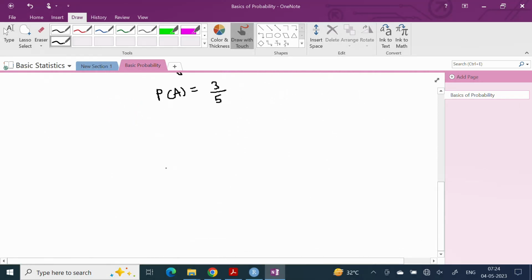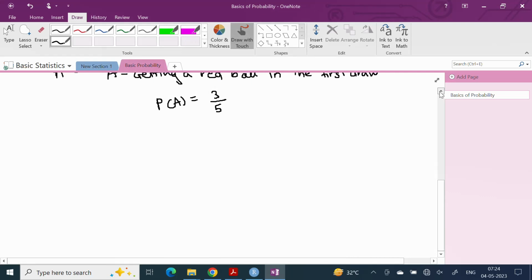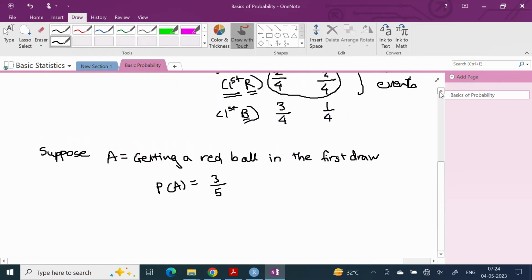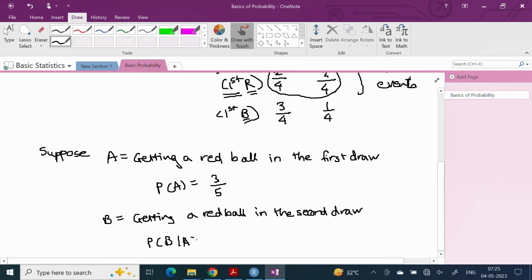Now suppose B is the event of getting a red ball in the second draw. From the calculations that we did just now, the probability of B given that A has already happened, meaning given that the first ball has been red, is 2 by 4.